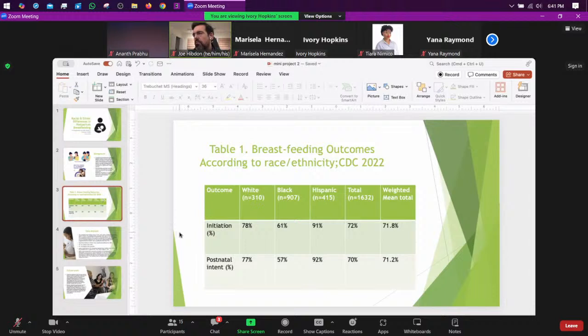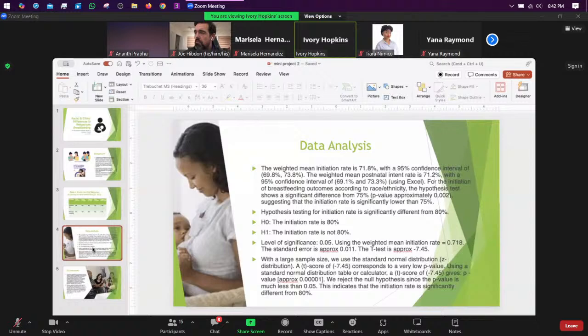Yes, we can. Okay, so when it comes to the breastfeeding outcomes, I did mine by percentages and I focused on the initiation and also postnatal intent. So white people, you'll see that it's a 1% decrease. And when it comes to Black, it's a 4% decrease. But with Hispanics, it's actually a 1% increase. What this data actually means is that I pulled this from the CDC website, and I kind of created my own because there was a lot of information. And I did a confidence interval test.